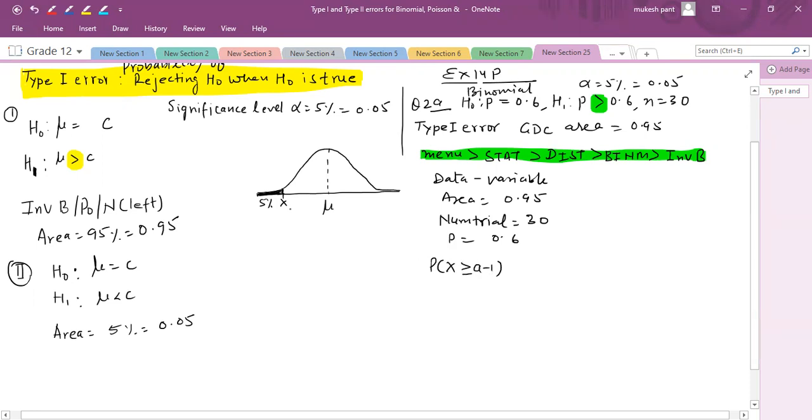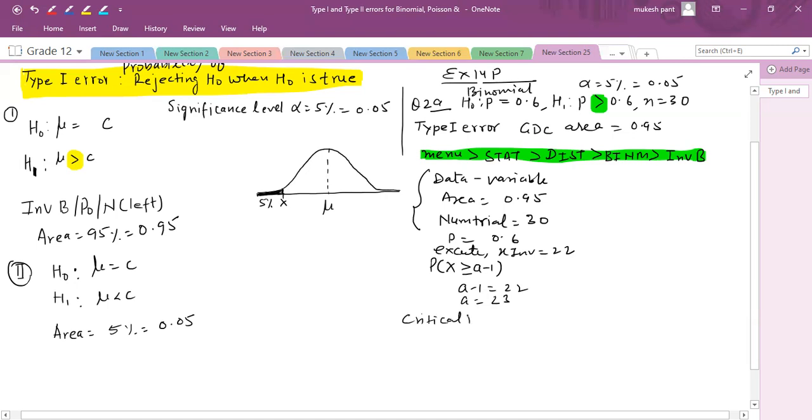It will always be one value less than A. So you put these values in your calculator and execute, and you get X inverse INV equals 22. So you write the probability of X greater than or equal to A minus 1 equals 22. Here A minus 1 equals 22, so A equals 23.